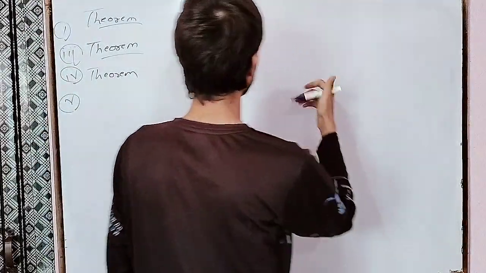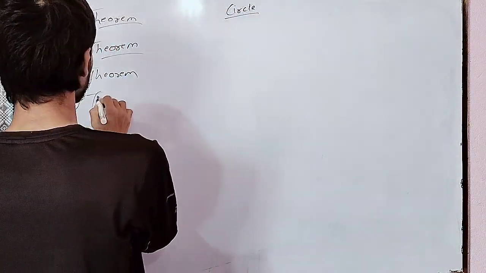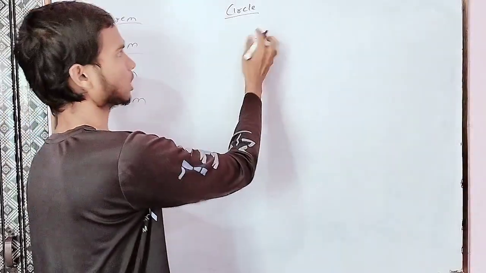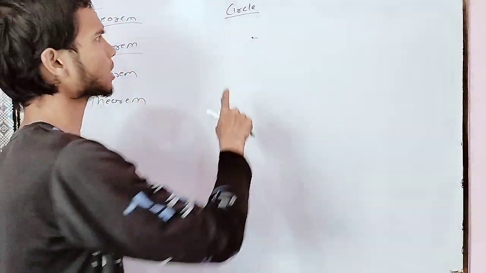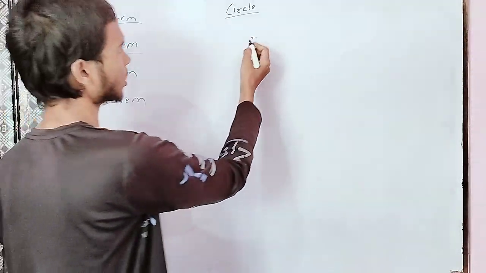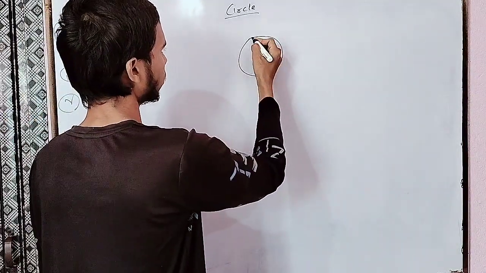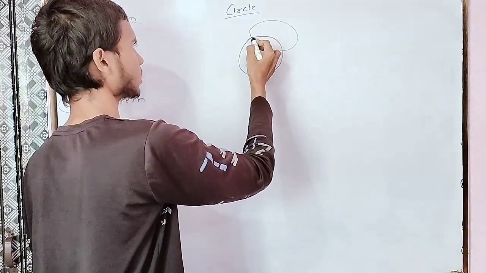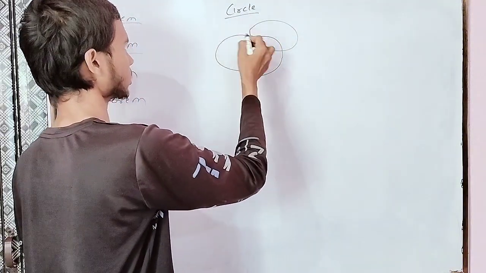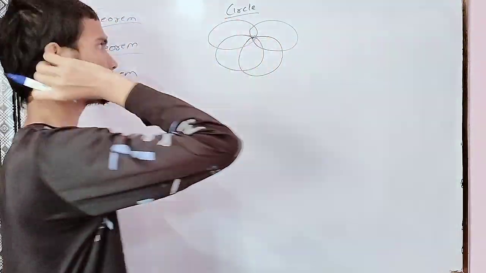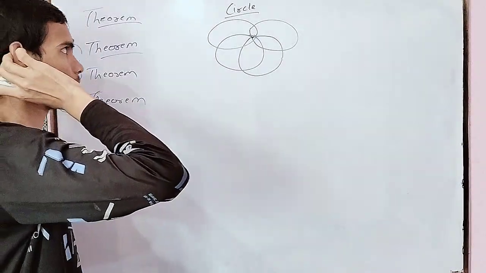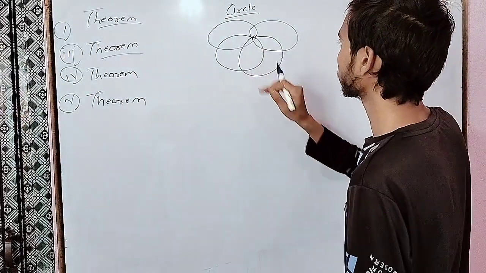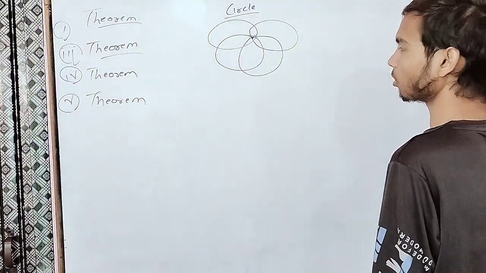So here, let's start from one. This is one point. Can a circle pass through this point? Of course, it can. Not only one circle, an unlimited number of circles can pass through this given point.